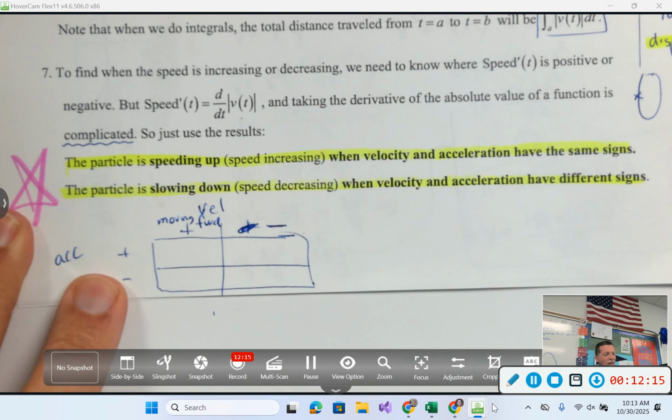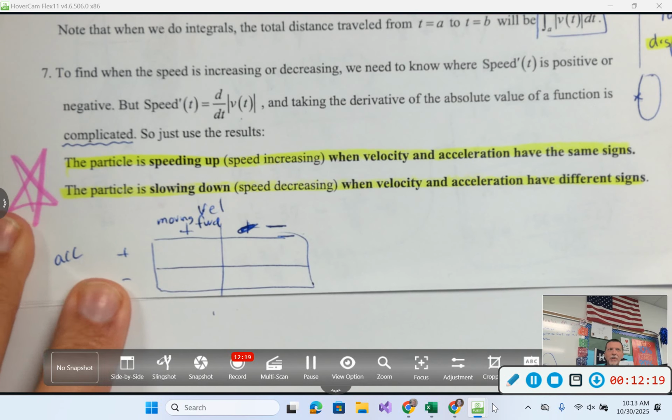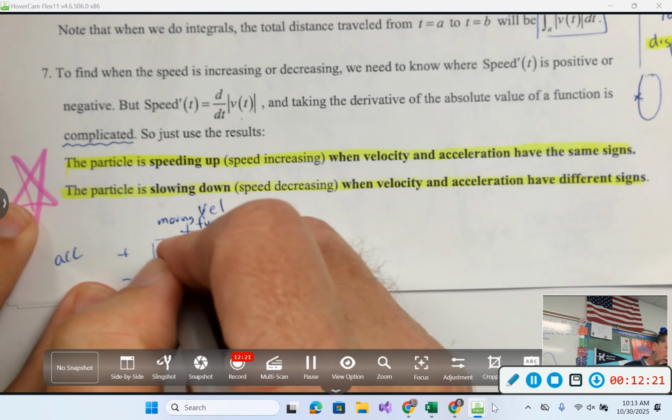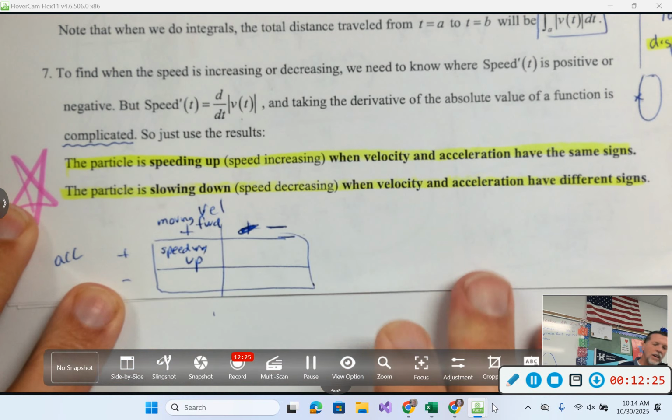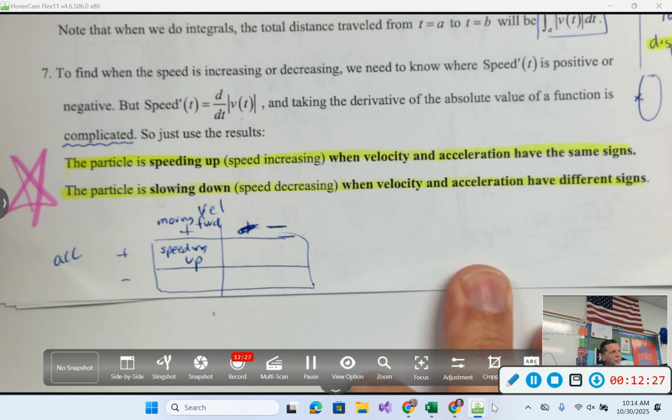If you're accelerating, so you hit the accelerator, you go faster forward, right? Like, think about driving. You're speeding up. That's the easiest box to fill in. Driving down the highway, you need to pass somebody, you press on the accelerator, you go faster, your acceleration is positive, your velocity is positive, you're speeding up.